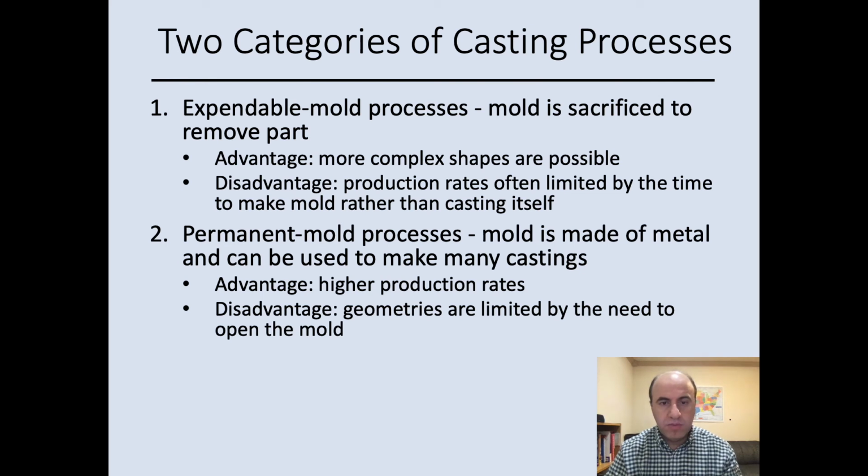In the permanent mold process, the mold is made of metal and it can be used to make many castings. A good thing about it is that you can have a higher production rate. The problem with that is that geometries are limited because we need to open the mold. So we cannot make a very complex part with the permanent mold processes.